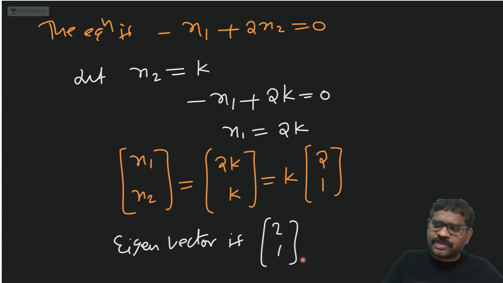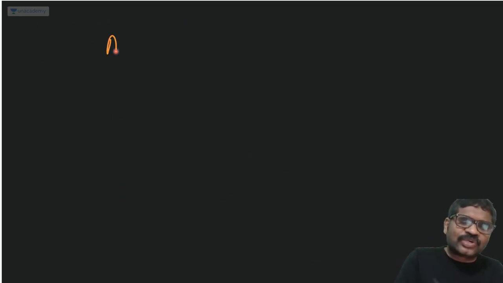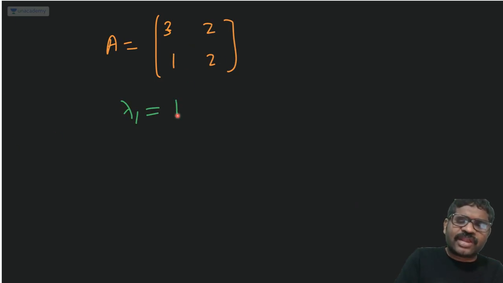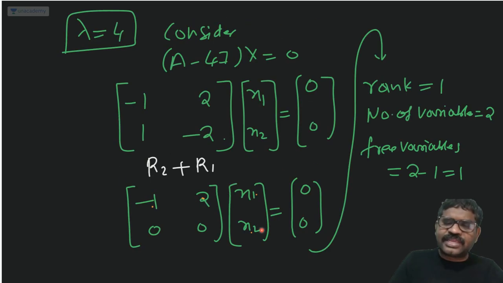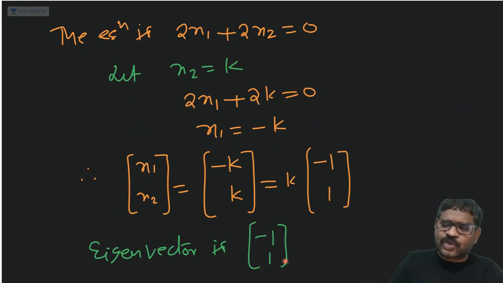So in this problem, our matrix is 2 cross 2, 3 2 1 2. We got two eigenvalues, one eigenvalue 1, another eigenvalue 4. Corresponding to eigenvalue 1, we got one eigenvector, that is minus 1, 1.